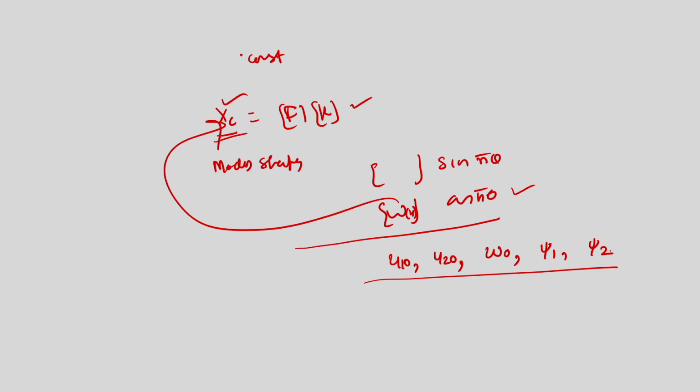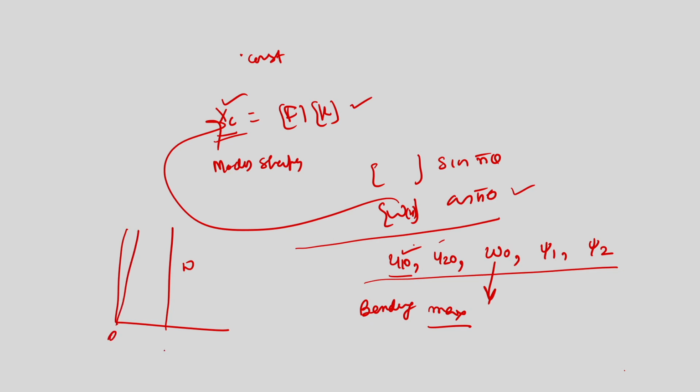Out of these variables only one will be maximum, sometimes two, depending on the type of mode. For the bending mode, only w naught is going to be maximum and the other variables are going to be less. If you plot those mode shapes, w will be maximum and the others will be basically 0.